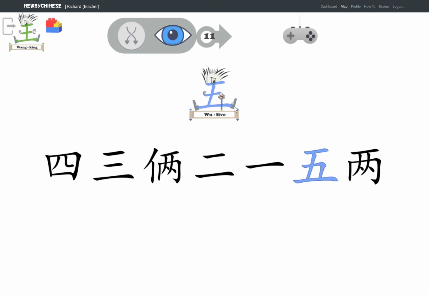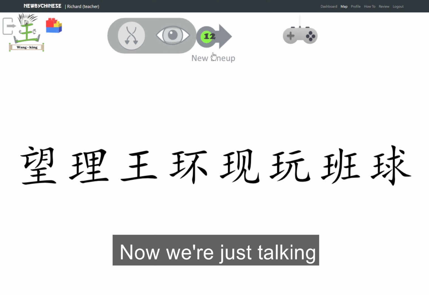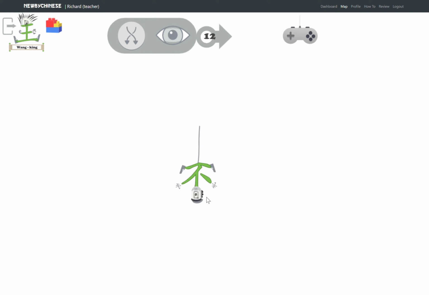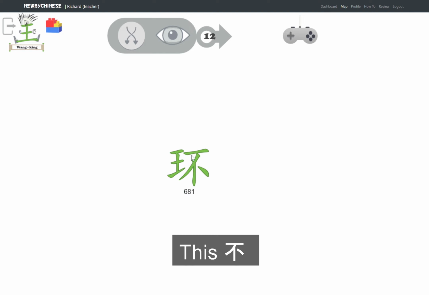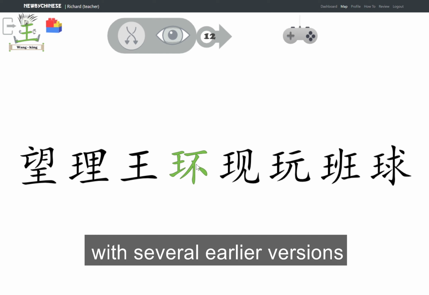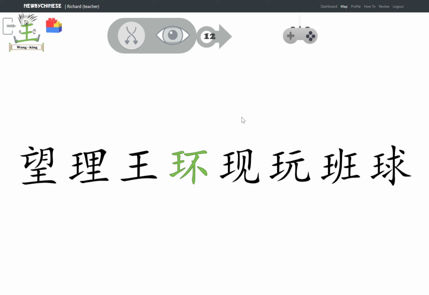Okay, so now we're just talking about extreme efficiency. So when it comes to something like Ring, my precious, when it comes to a Huan, this never would have been read as a boo in the past because its previous iteration was a Huan, which looked completely different and had several different earlier versions.